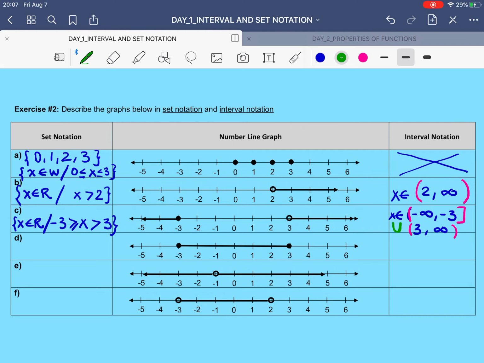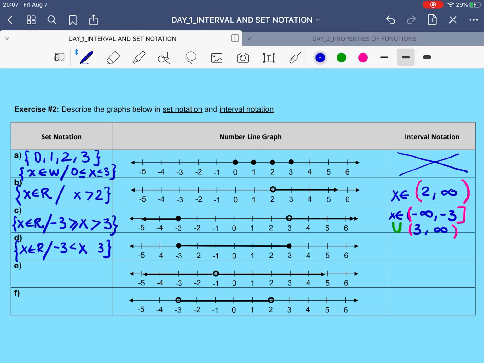In the next example, we have example D, the numbers from -3 to +3. So we're going to say that x is any real number. That's because you have the solid line there, such that -3 is the lowest and +3 is the highest. x is in between.